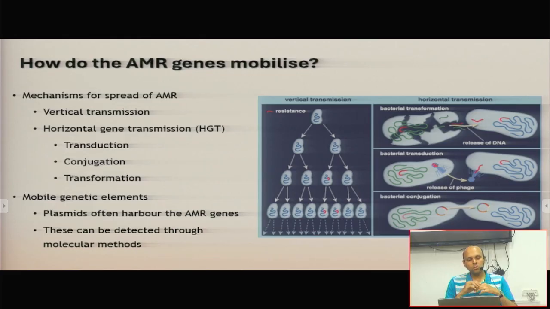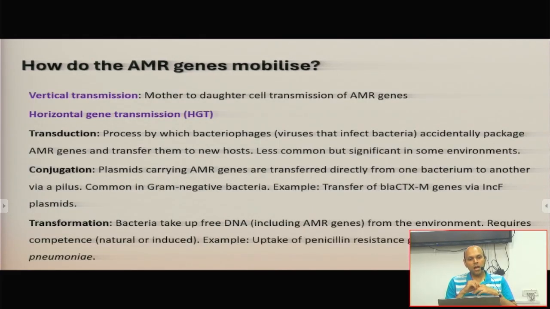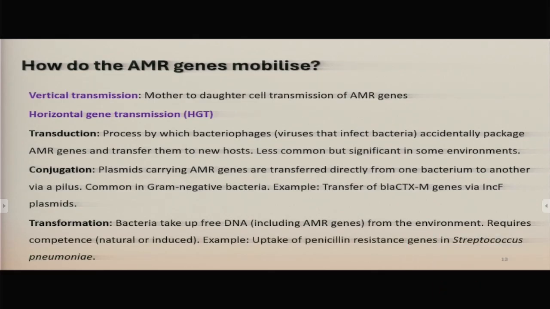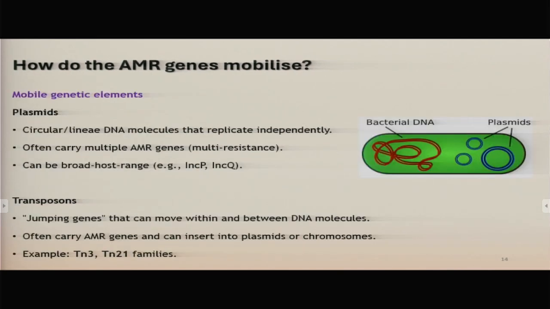So these can also be detected through molecular methods. Okay, so how do AMR genes mobilize? I already gave you examples of vertical transmission, transduction, conjugation, and transformation, so I'm not going to go over all those things again.